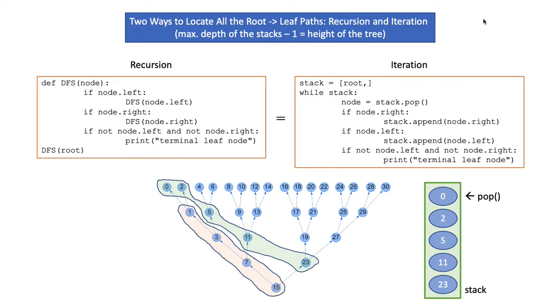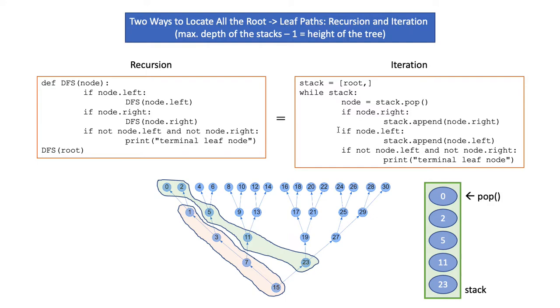On the right-hand side, we have the code using iteration. It's easier to understand this code by turning the tree upside down. This is because we always pop the last item at the top of the stack to process. So the node that's closer to the root node is pushed down at the bottom of the stack, and near the top is always closer to the leaf nodes.